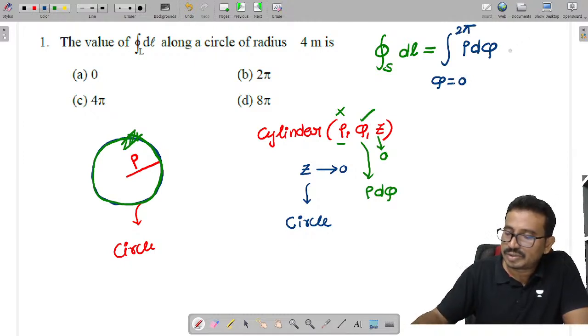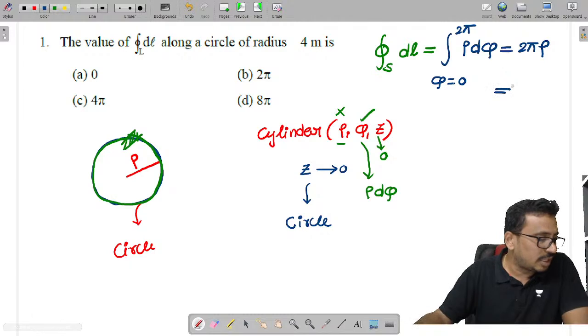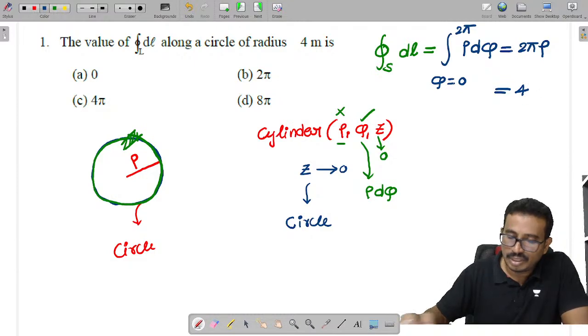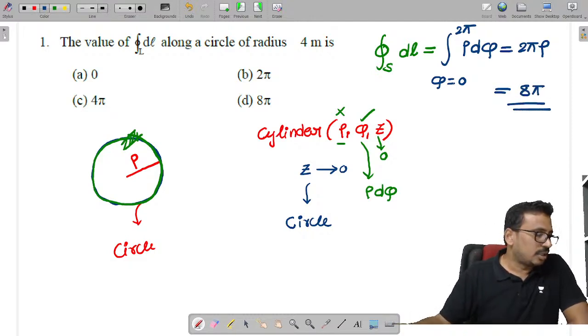If I do the integration, I get 2 pi rho. The rho value given is 4, so the answer is 8 pi. All of you, tell me.